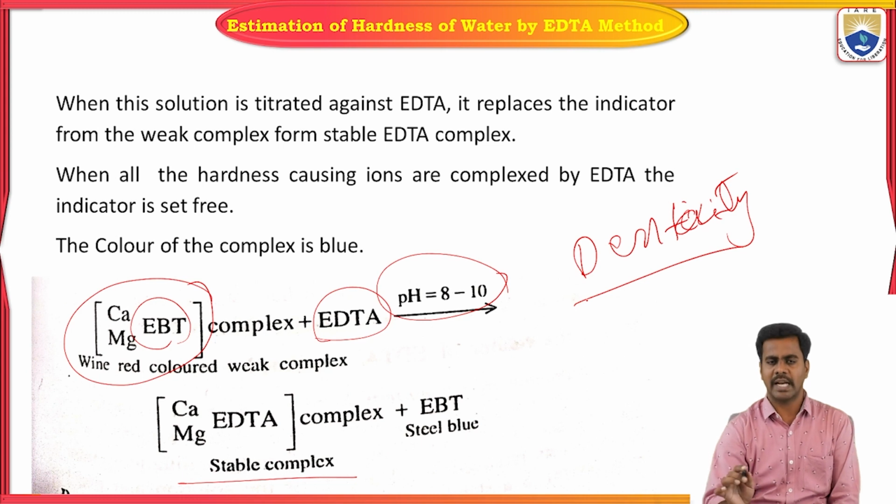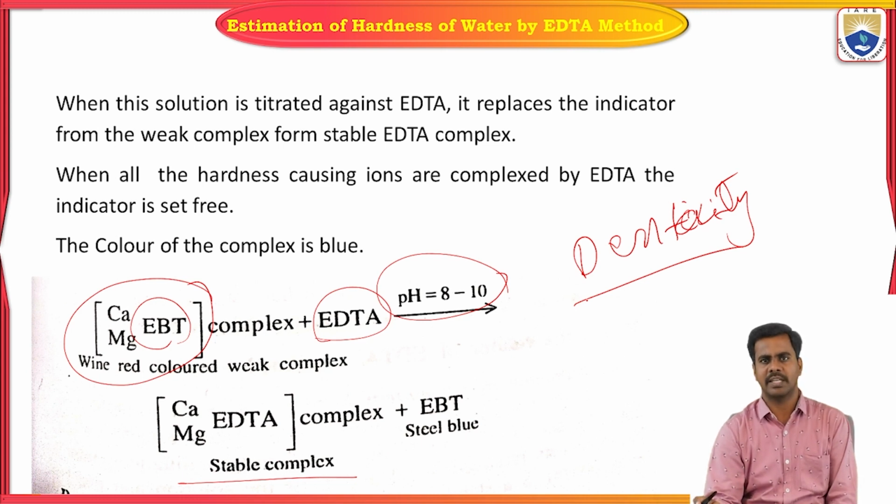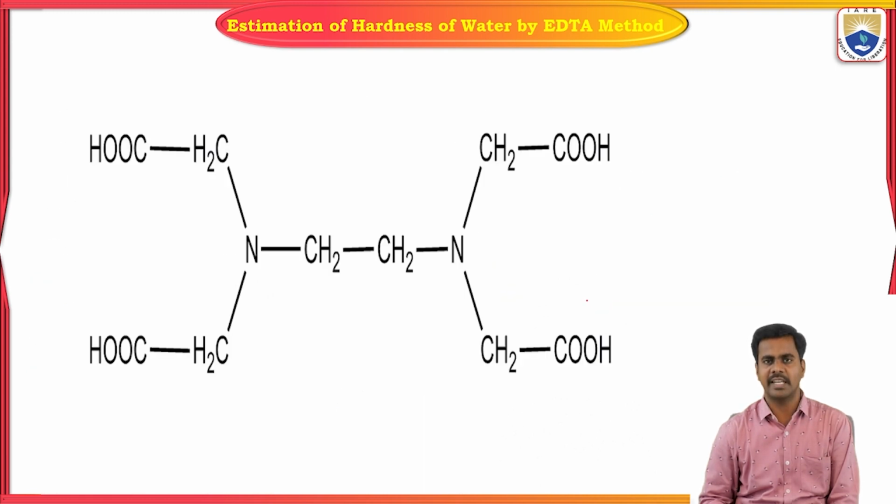If you know the donor centers present in the ligand, then we can predict the denticity of that ligand. So let us see the structures of EDTA and EBT.